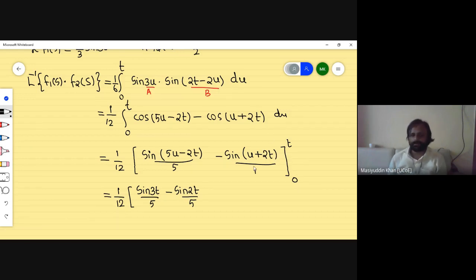Similarly, we have to apply the upper minus lower in the second term with minus sign. So t plus 2t, that is sine 3t, so minus sine of 3t. Now substituting 0, minus minus becomes plus, and you will get plus sine 2t. And this is our result.